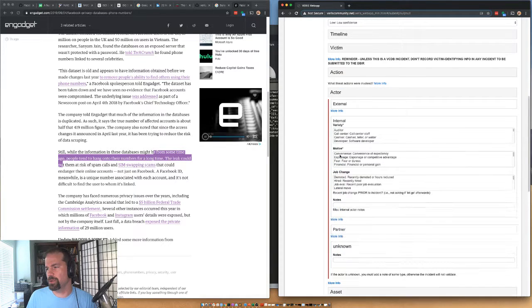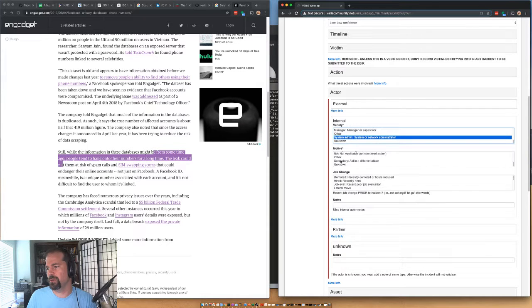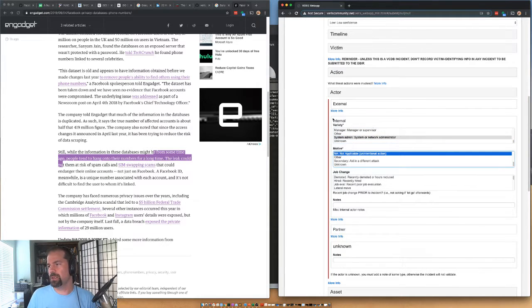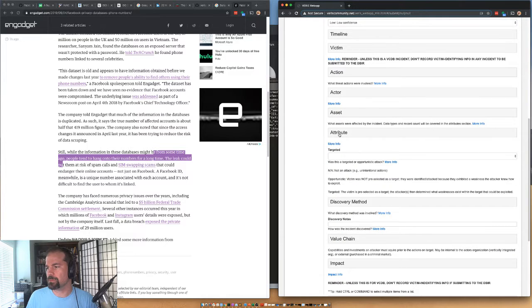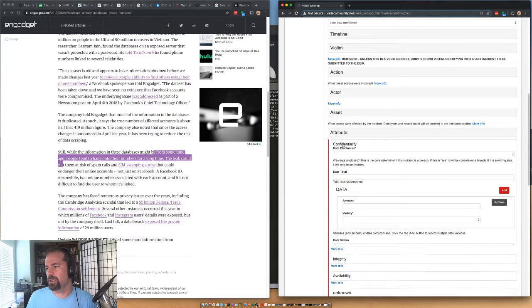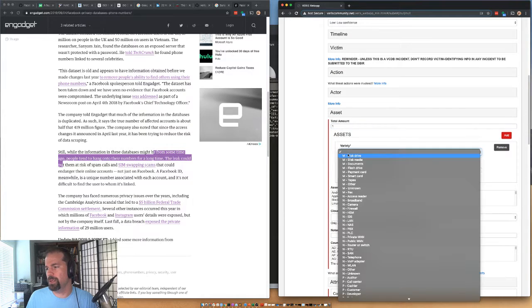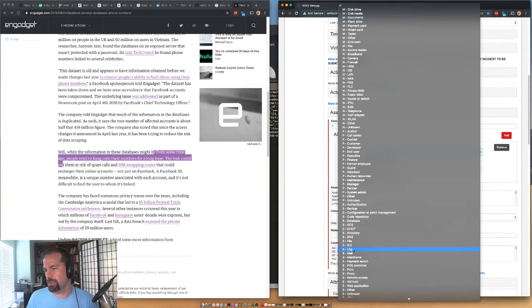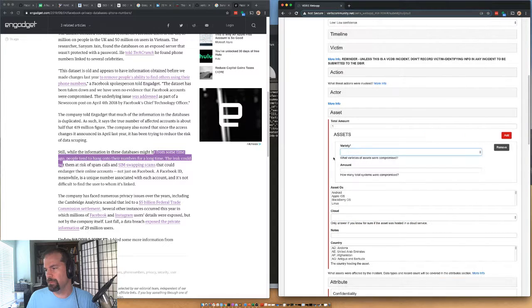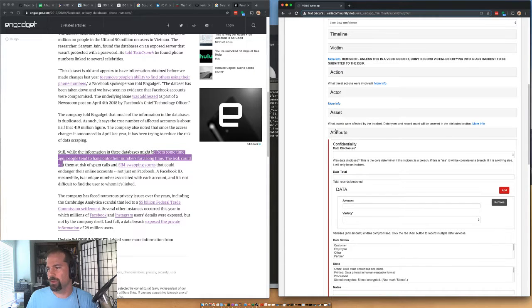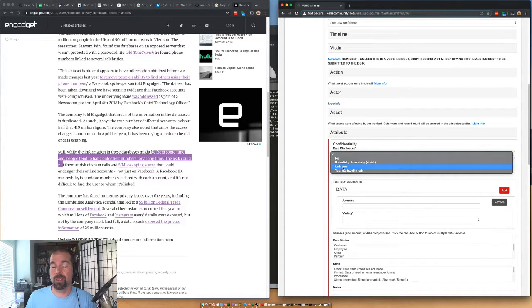By an internal actor. So again, this is the sysadmin, and there's no motive because it was an accident. Then the attribute is confidentiality, or the asset. One server, database server. Amount 1. And we really don't know anything about the hosting other than it was a database server because they keep saying it had databases on it.